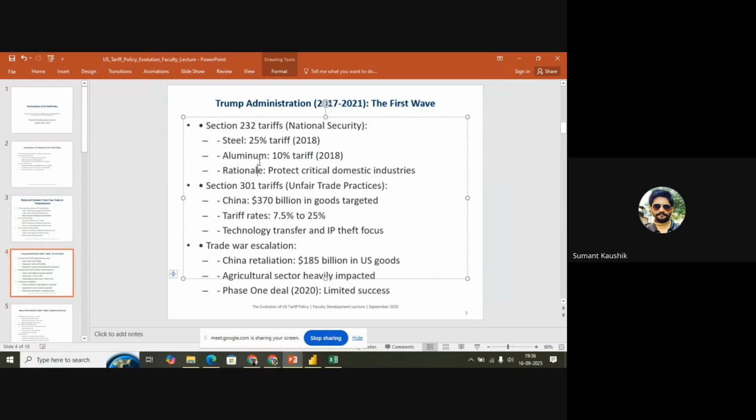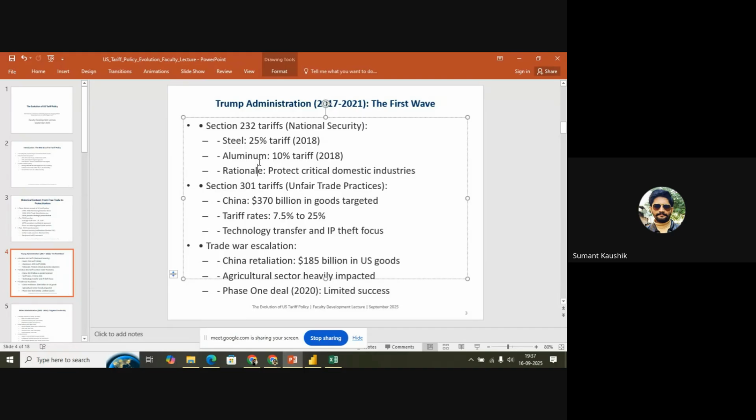First of all, as I have mentioned, national security was the justification in the Trump administration from 2017 to 21. Trump imposed, as per Section 232, tariffs under the national security justification, by imposing 25% tariff on steel and 10% on aluminum, and the rationale was to protect the nation's domestic industries from cutthroat competition.